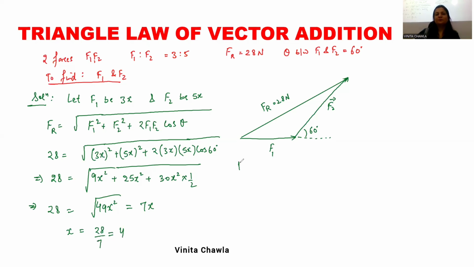F1 is 3x, 3 into 4 is 12 Newton. And F2 is 5x, 5 into 4 is 20 Newton. So these are the two forces.